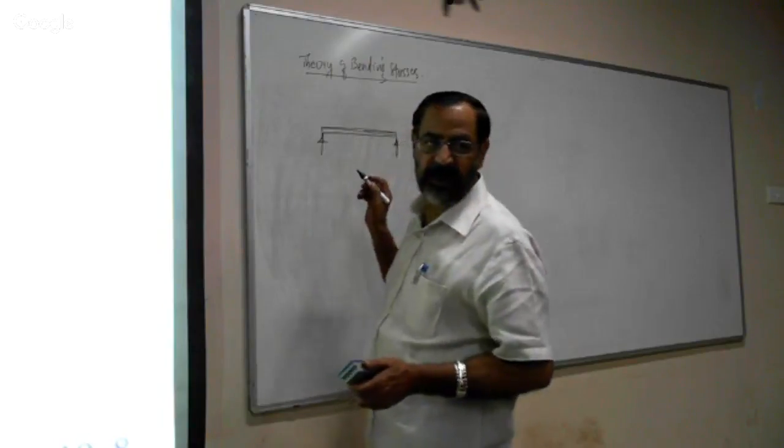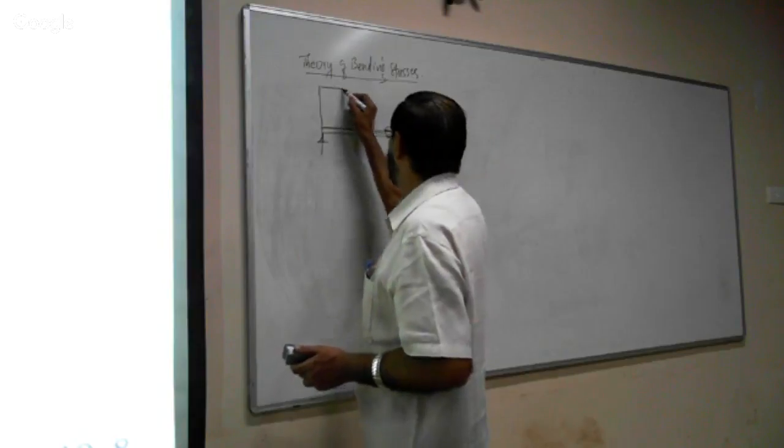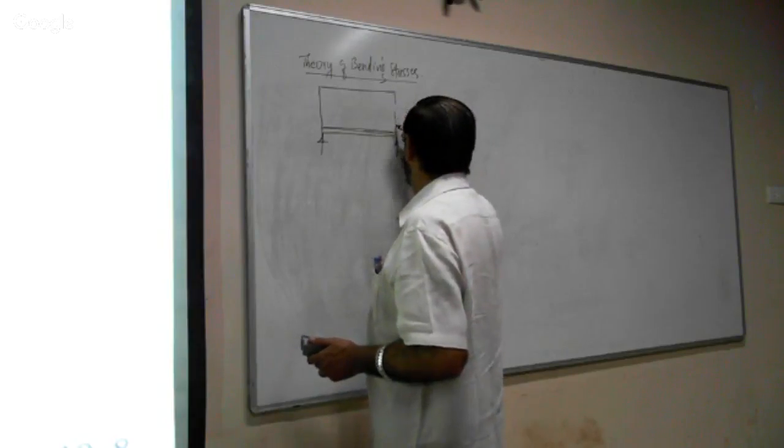The brick wall is 200 mm thick and 4 meter high. The beam is loaded with a brick wall.